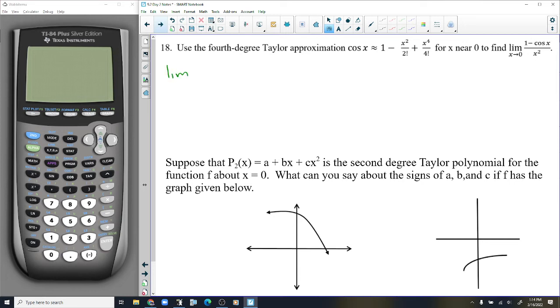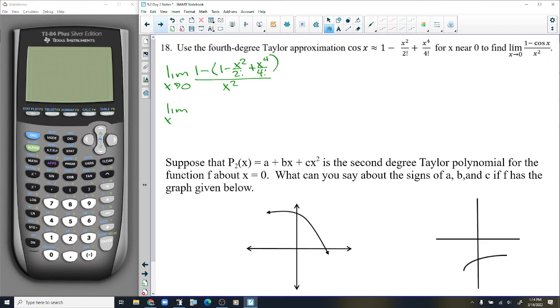So here we have the limit as x approaches 0 of 1 minus x squared over 2 factorial plus x to the fourth over 4 factorial. So we're replacing the cosine with the approximation polynomial over x squared. So now it's all algebra.